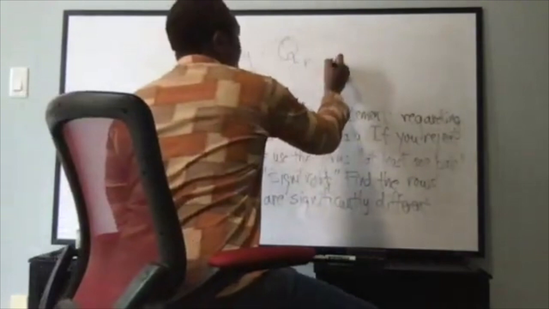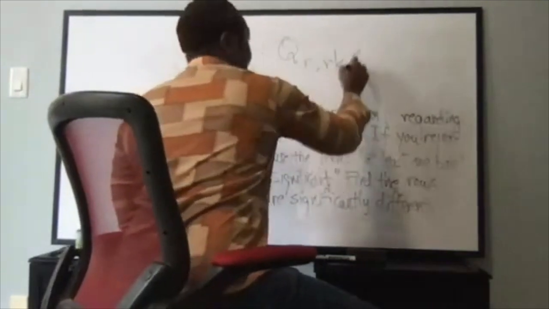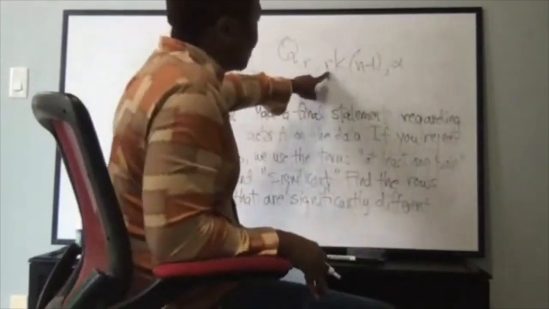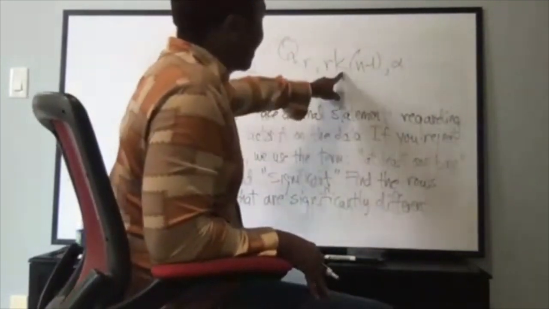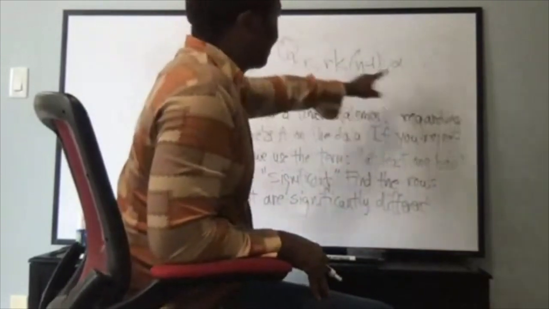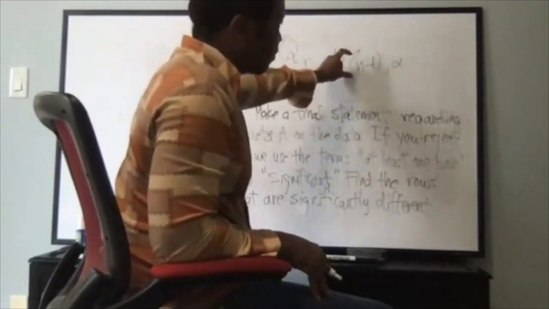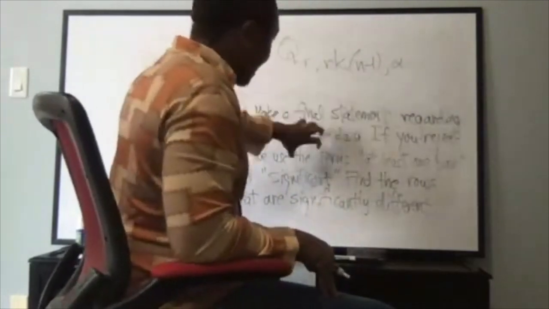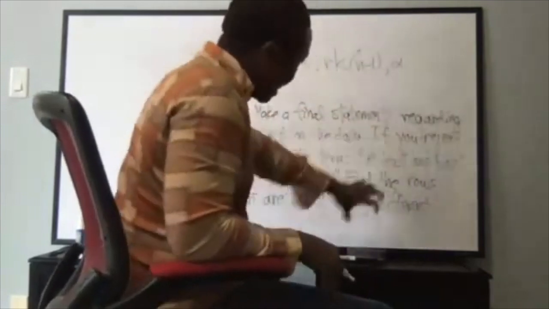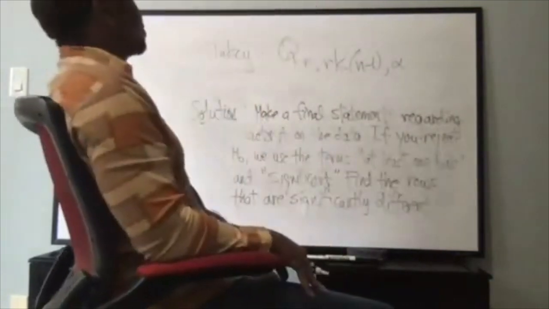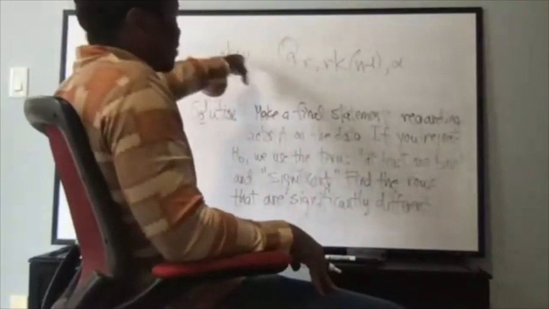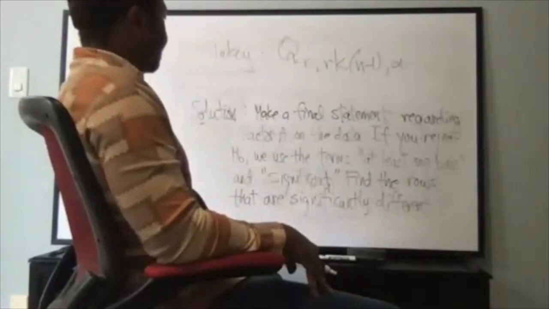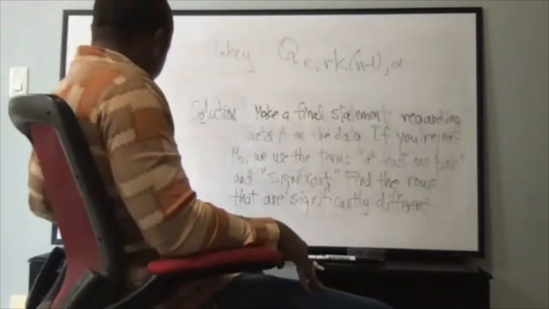And then we're going to use R times K times N minus 1 for a certain alpha. So this R is going to be the number of rows. The K is going to be the number of columns. N minus 1 is the number of what's called replicates within the actual data itself, right? So we may have 9, 9, 9, 9, 9, 9, right? So this is just what we're going to use in factor A if we have to figure out which rows are different. So at least write this down so you can refer to it.